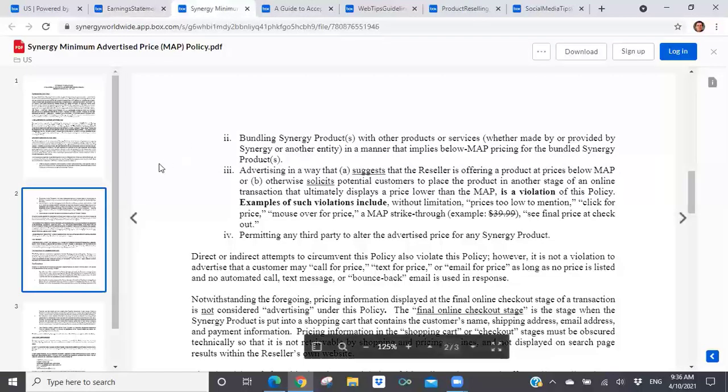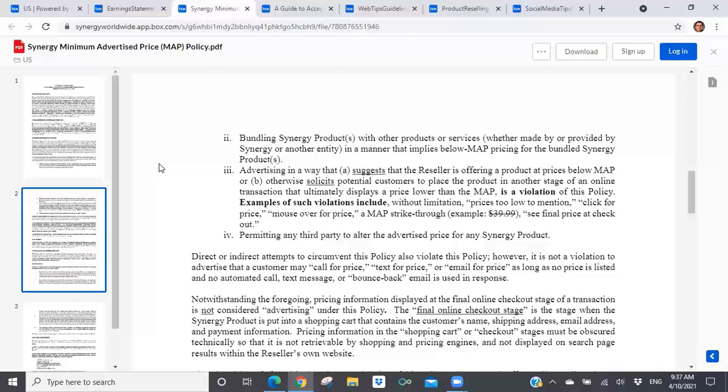Now, I also wanted to pull up this document, Synergy's minimum advertising price. I noticed that this is a new document. It was put out in February of this year, and it's designed to give Synergy a legal position with regards to people who have their own websites to sell Synergy products.